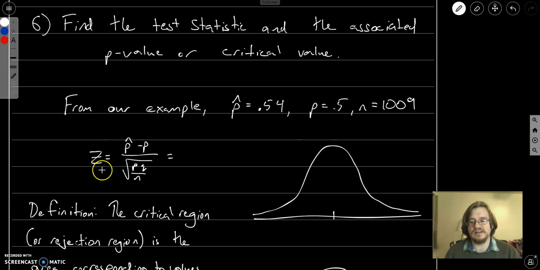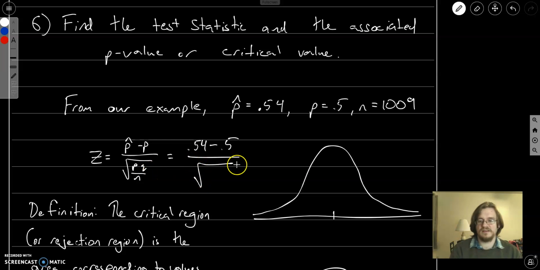So our test statistic, because we're looking at proportions, is going to be z. Everything is normally distributed. And if we plug these in, we'll have 0.54 minus 0.5 over the square root of p q over n. P here is 0.5. Q is the complement of this probability, and if 50% of people are uncomfortable, then 50% of people would be comfortable.